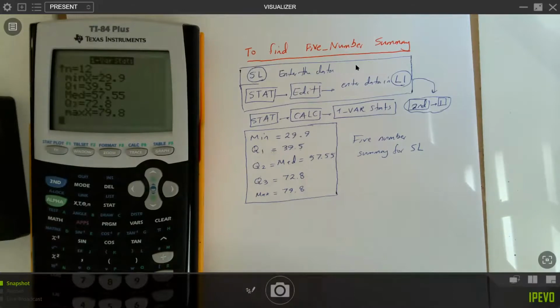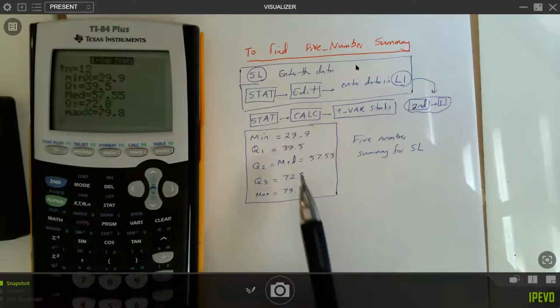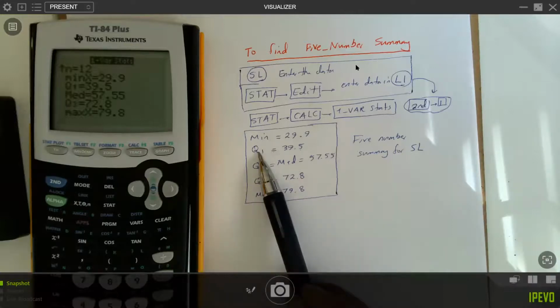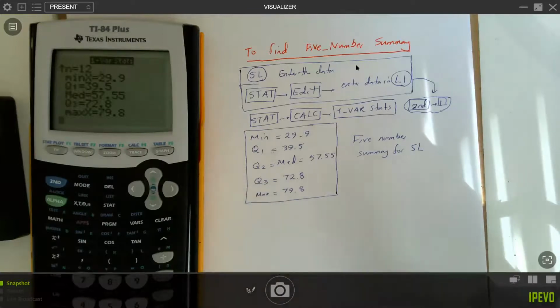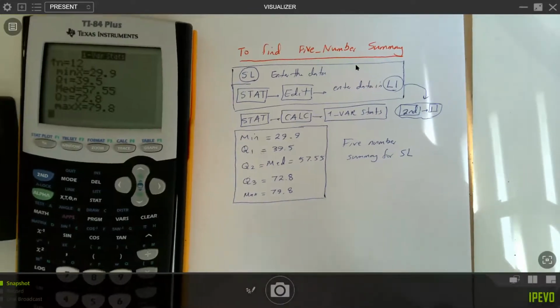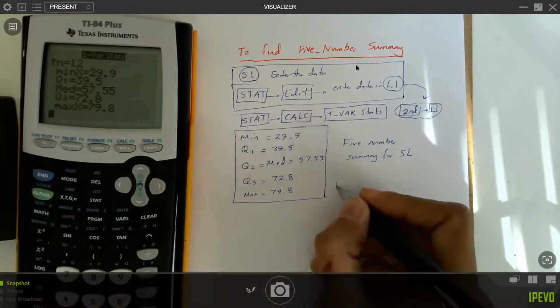Now I expect you to ask, how do I visualize these data? You gave me the minimum, maximum, the first quartile, the second quartile, the third quartile. The next question that you should be asking is how to visualize this.